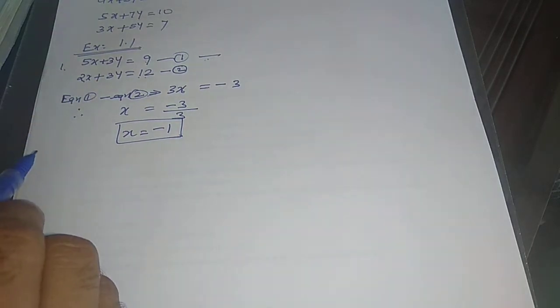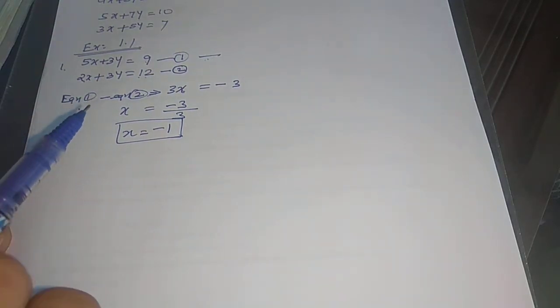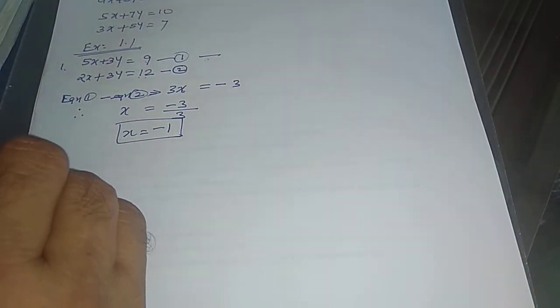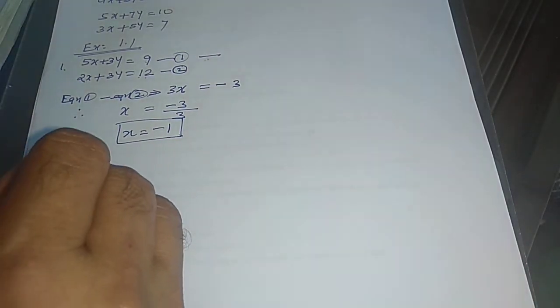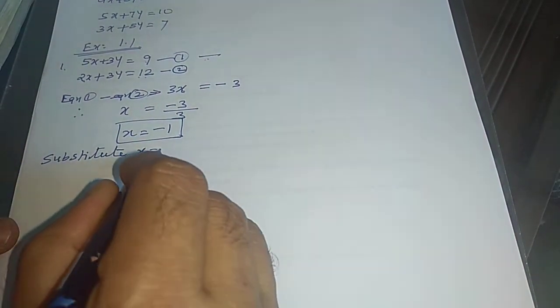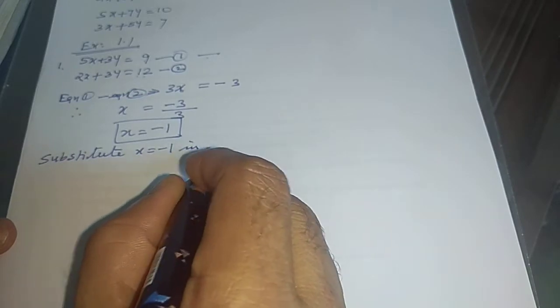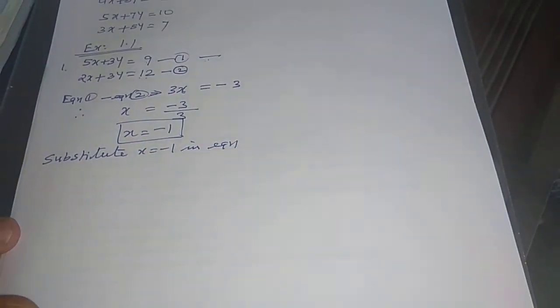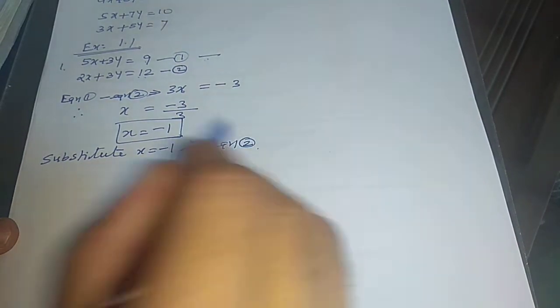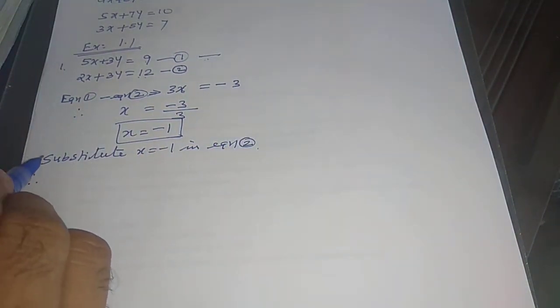Now we have to find the value of y. We substitute this value of x in equation 1 or even equation 2. Suppose we substitute the value of x, minus 1, in equation 2.